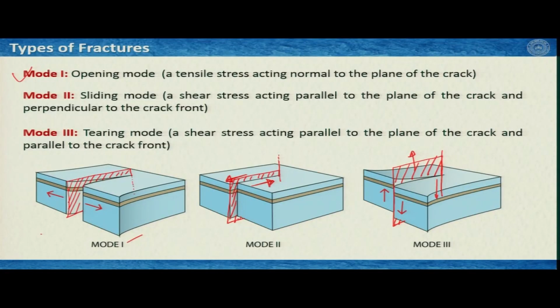So, in mode 1 we generally open space between the two fracture walls. In typical mode 2 and mode 3 fractures, you generally do not open a space between the two fracture walls. Now, there are many geological examples of mode 1, mode 2 and mode 3 fractures, and these examples range from very large scale to micro scale.